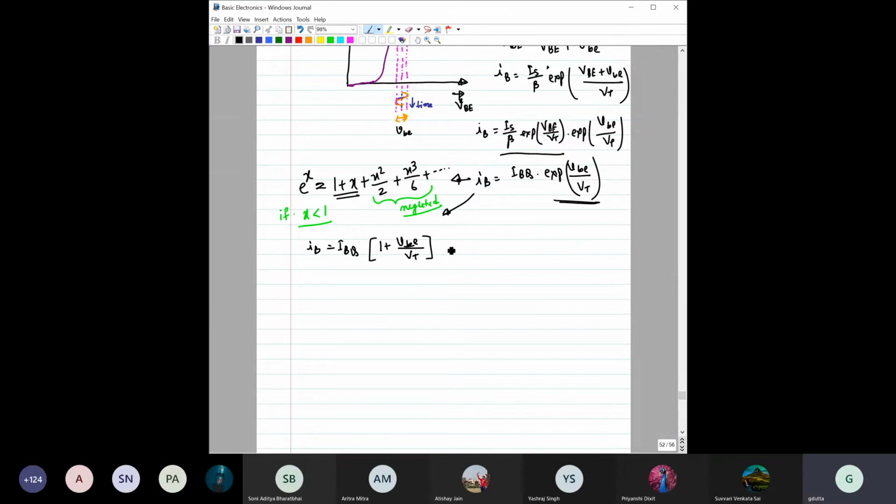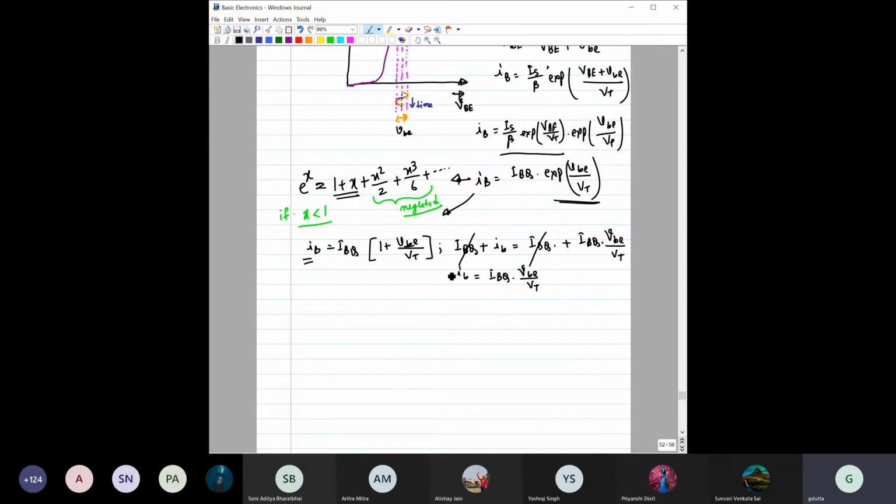What is this IB? IB is again the total instantaneous value, so that also you can write as IBQ plus small i small b. So this is IBQ plus IBQ into small v, small b, small e by VT. So IBQ we can cancel out. So you can write small i small b equal to IBQ into small v, small b, small e by VT.